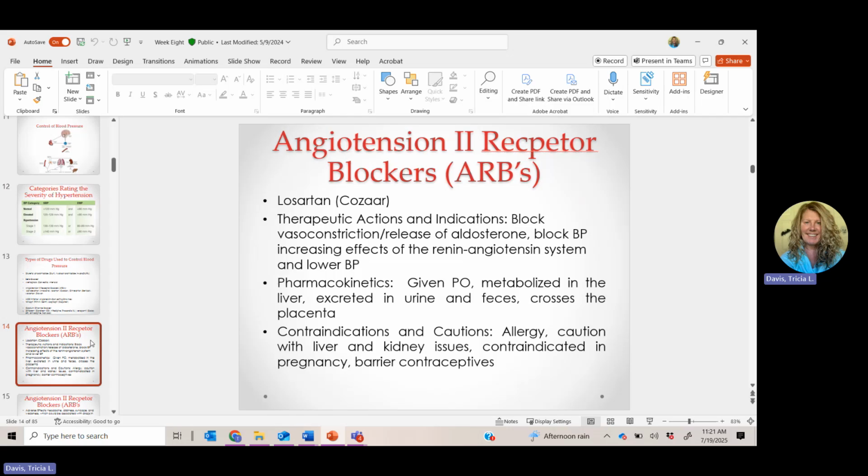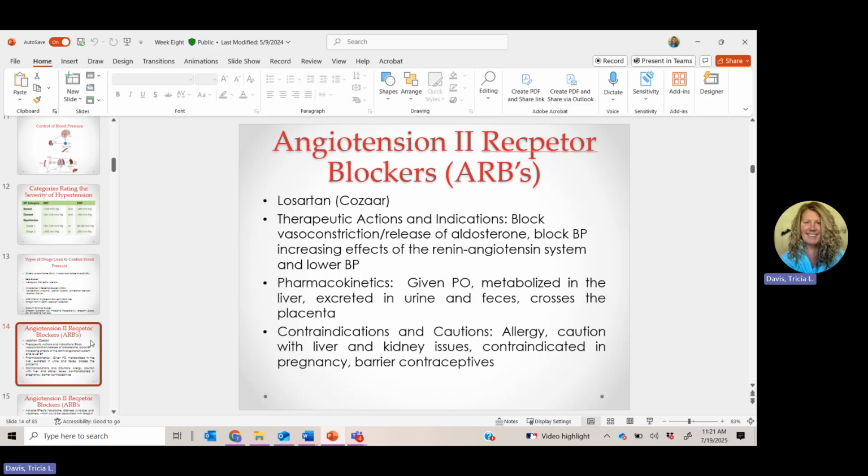Which tells the system to hold on to sodium and to water. So if we block that system, then the body's not going to hold on to sodium. It's not going to hold on to water. It's going to vasodilate instead, and it's going to decrease the blood pressure, okay? So it blocks the increasing effects of that renin-angiotensin system that we just talked about.